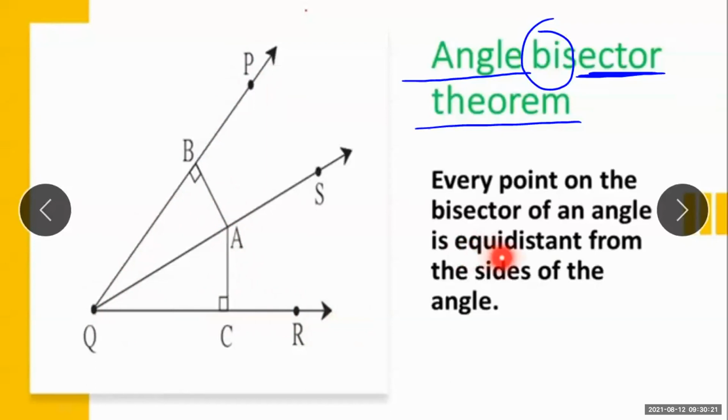Equidistant means we have to show these two lengths, segment AB and segment AC, congruent to each other. Now let's see how to prove it.